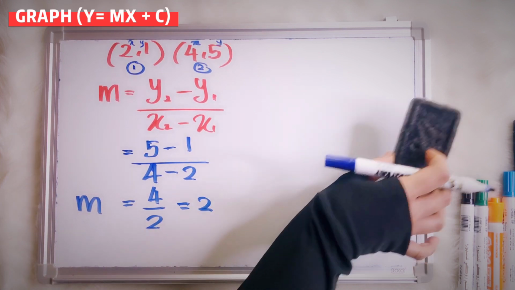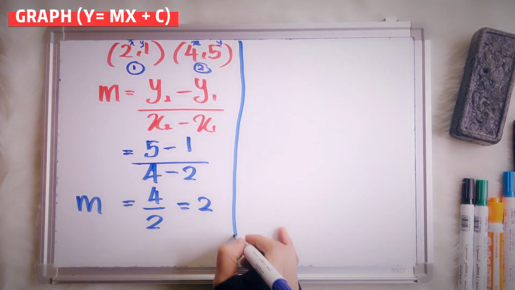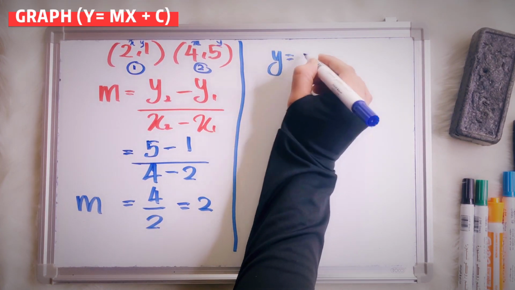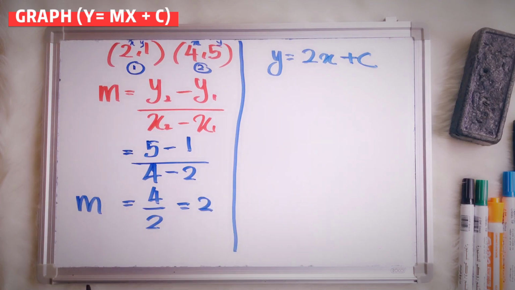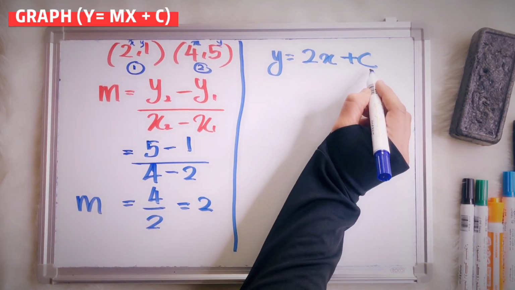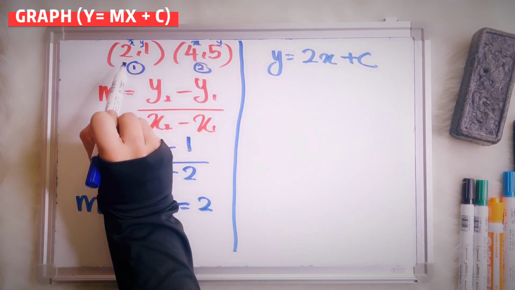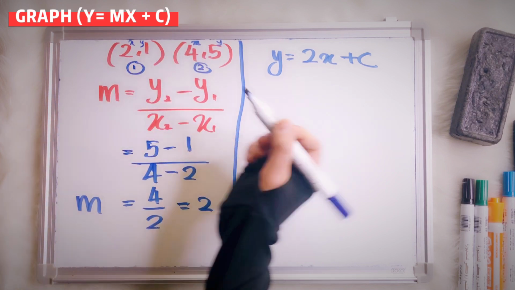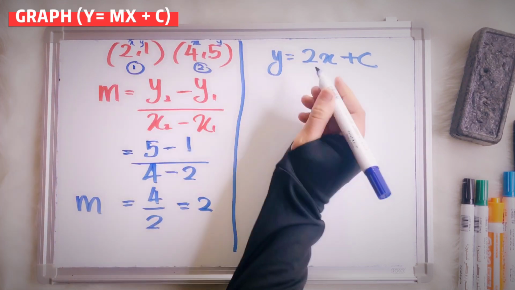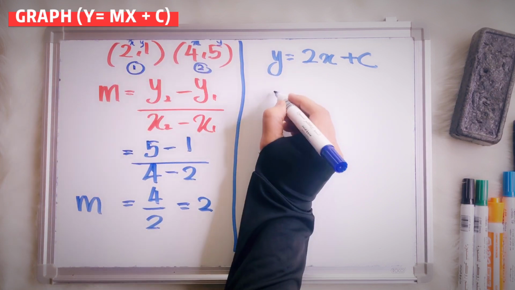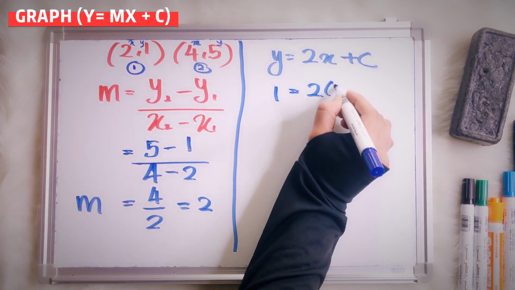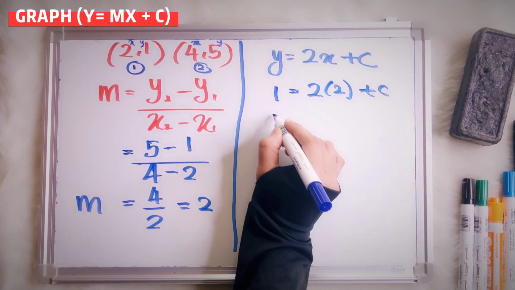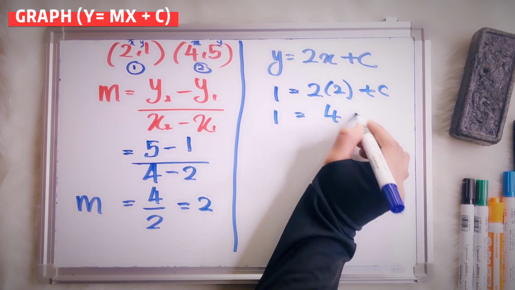Now we already know our gradient, so y equals 2x plus c. Now we want to find our c. You can choose either coordinate (2, 1) or (4, 5). I take (2, 1). So our y is 1, our value x is 2, plus c. So here equals 4 plus c.